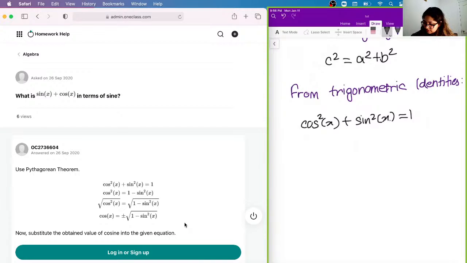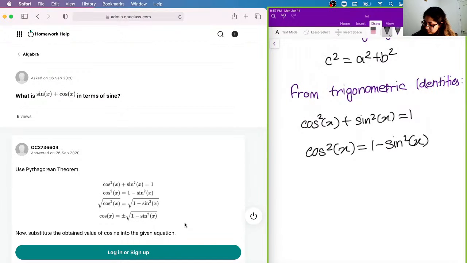And so since our answer needs to be in terms of sine, we need to make an equation where cos is equal to sine, right? And so if we isolate cos squared x, we just move sine squared x to the other side. So we have cos squared of x is equal to 1 minus sine squared of x.